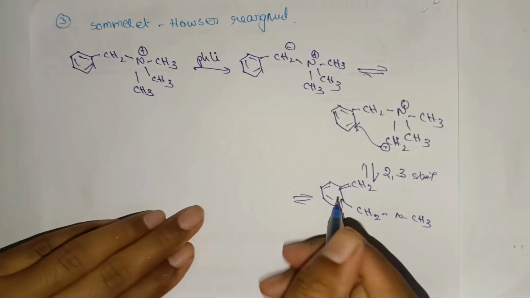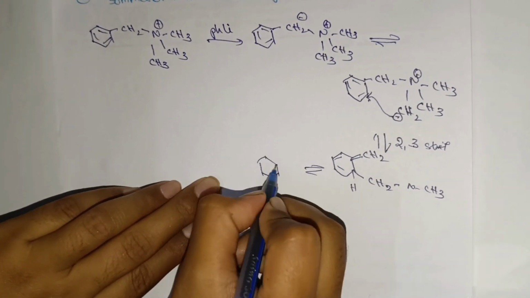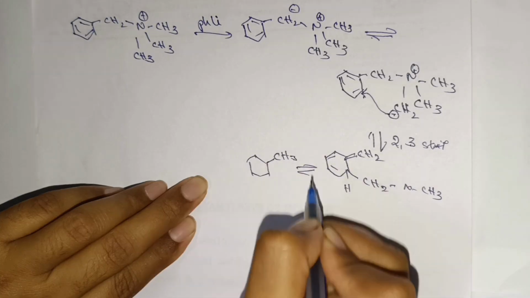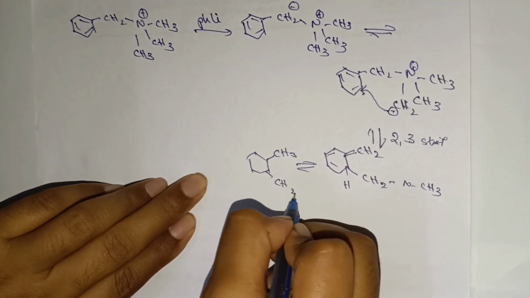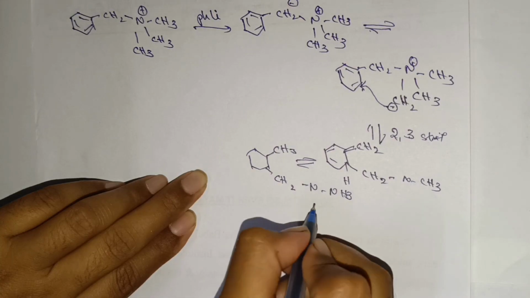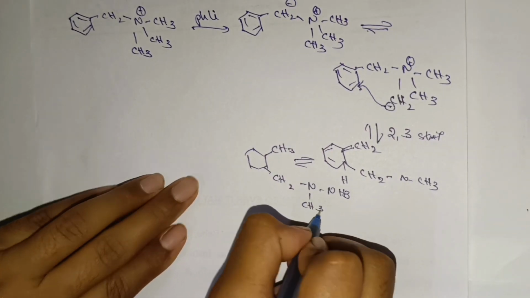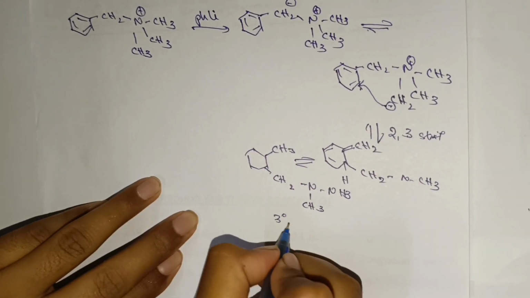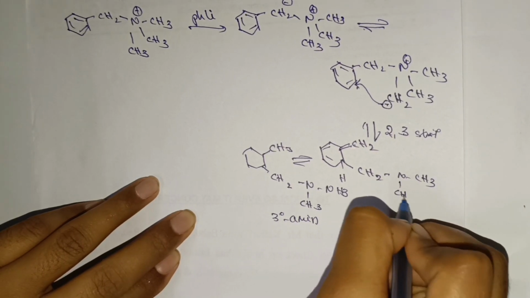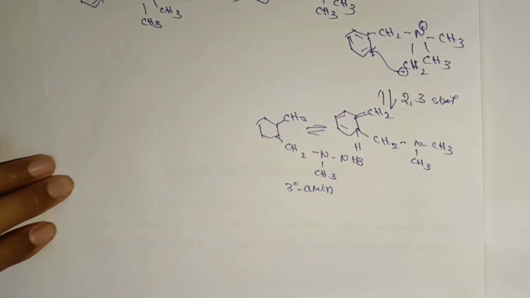CH2N CH3, here a hydrogen is there. This hydrogen goes to CH2 forming CH3. Here CH2 nitrogen CH3. Finally it forms a tertiary amine.